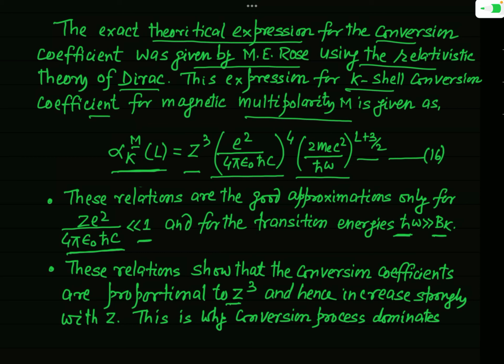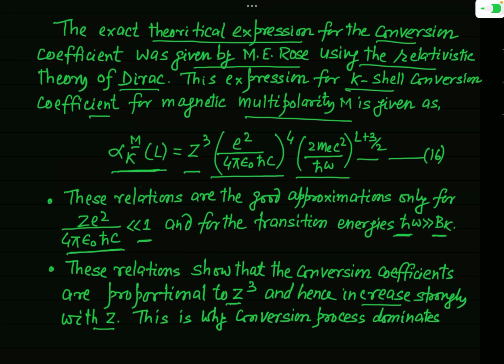Because Z contains a cube power. If Z is doubled, then the value of alpha will be almost 8 times greater. 8 times it will increase. So we simply say that the conversion coefficient increases strongly with Z.